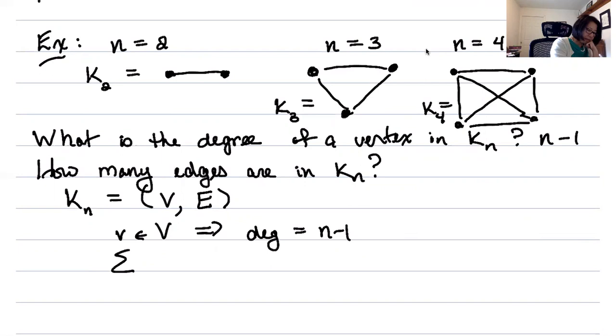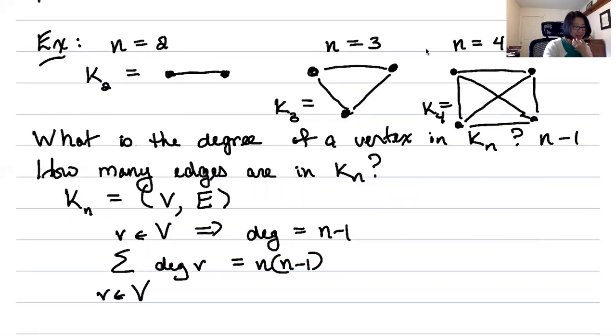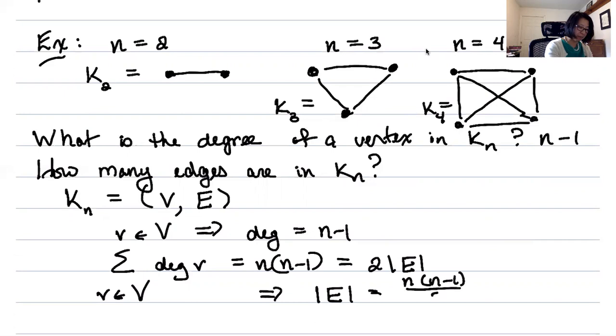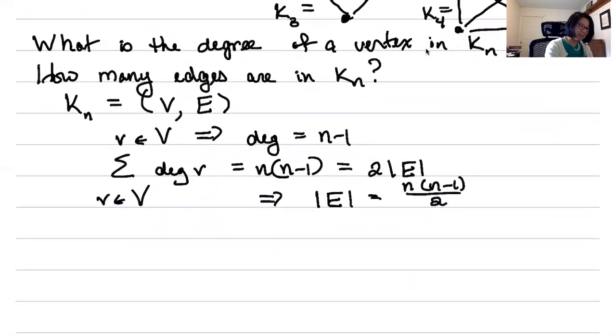So if I look at the sum of all those degrees, I'm adding n minus 1 n times, because there are n vertices, and I know by my previous theorem on degrees of vertices that the sum of the degrees is twice the number of edges. So this tells me that the number of edges is equal to n times n minus 1 over 2. Okay, I think we've seen a sum like that before.